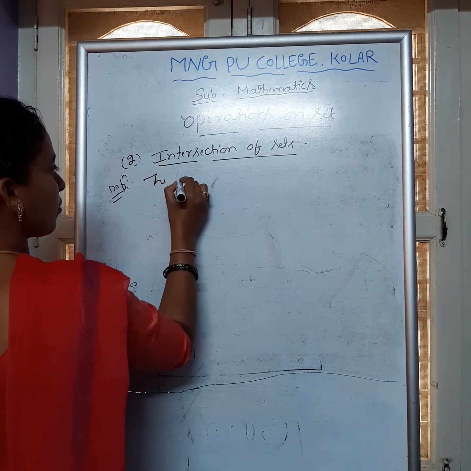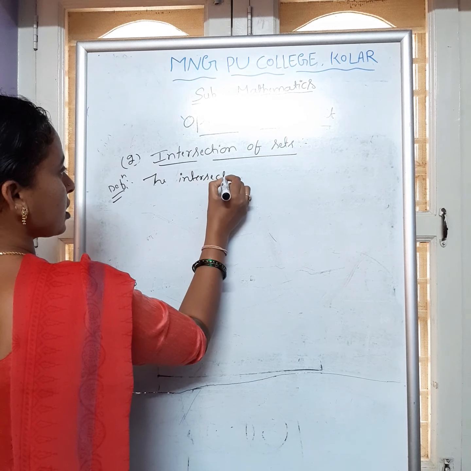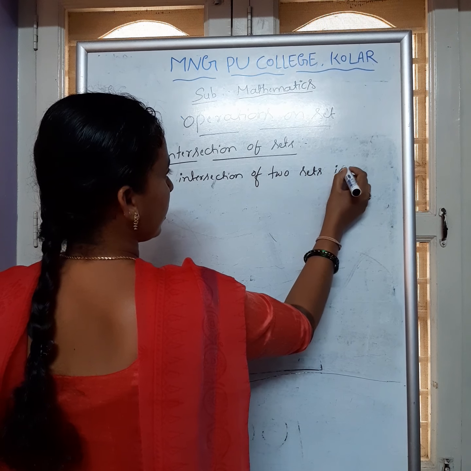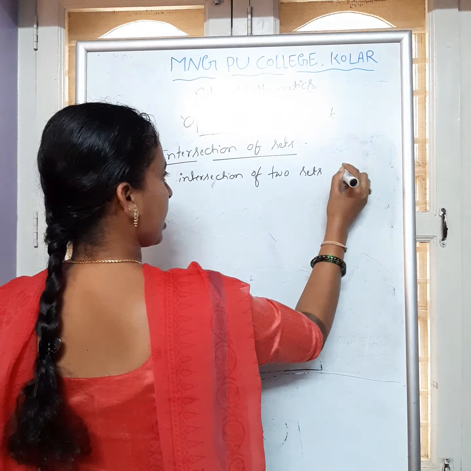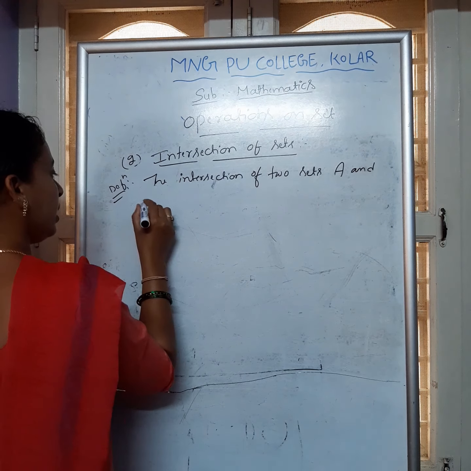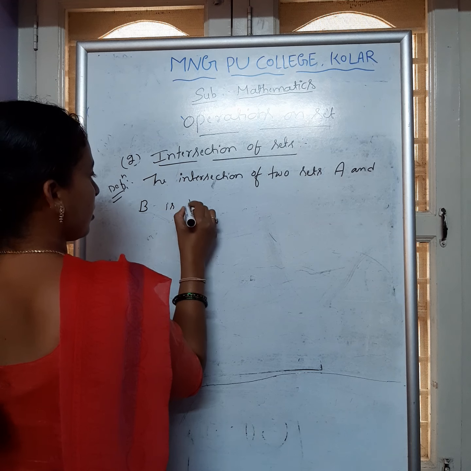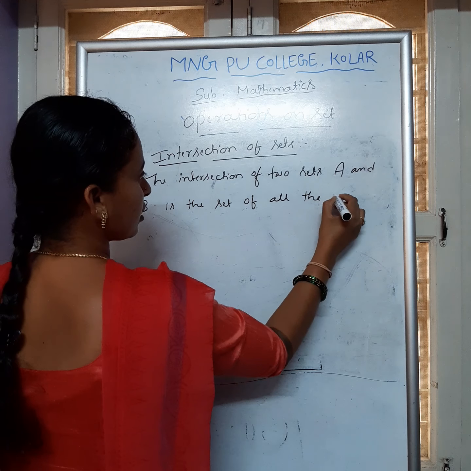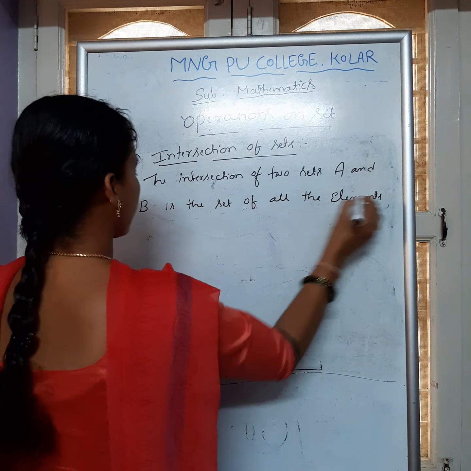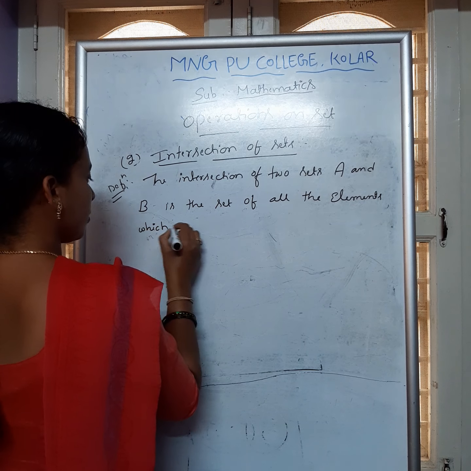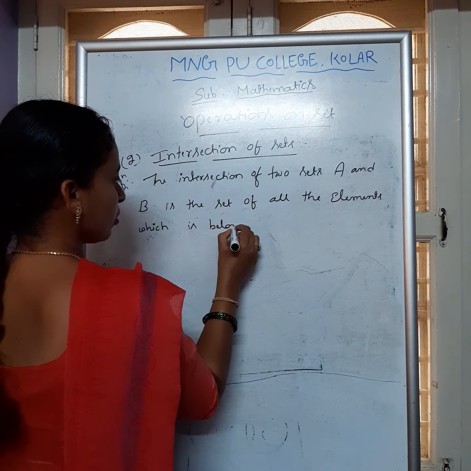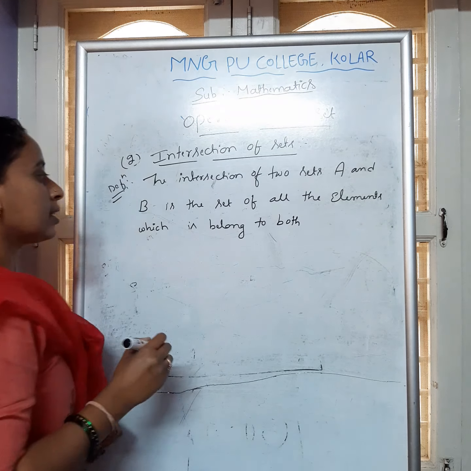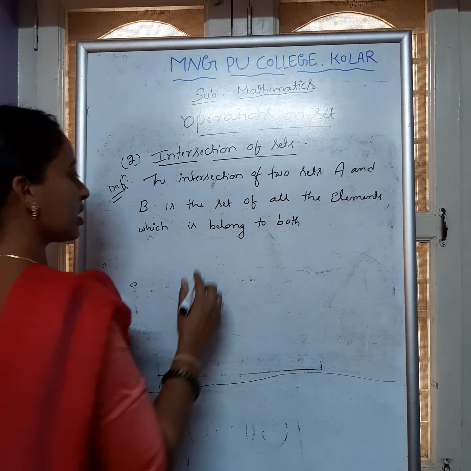Here also, the intersection of two sets A and B is the set of all the elements which belong to both A and B.